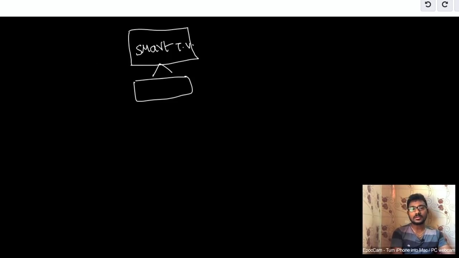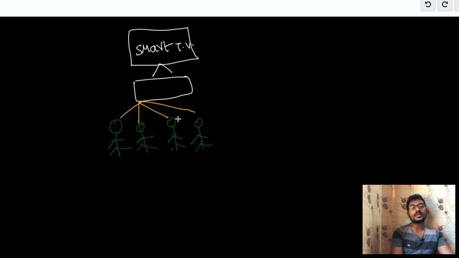Suppose 4 people are willing to buy this product, so this is one, second one, third and fourth one. These 4 people are trying to buy this product, but the first time they have failed to buy it because of stock unavailability. So what they are trying to do is register for this product on that online site.